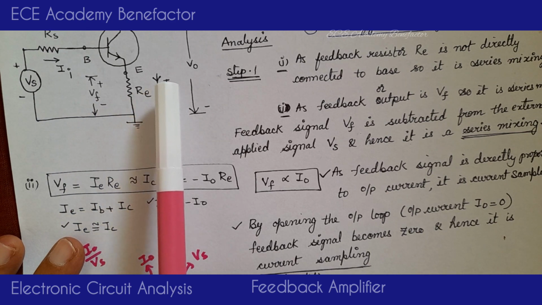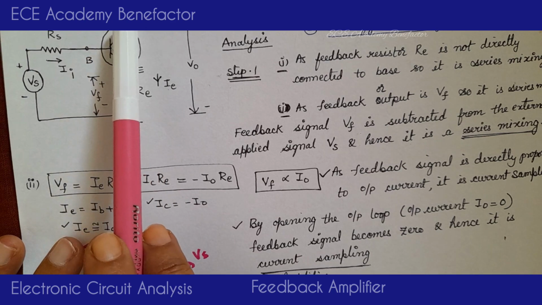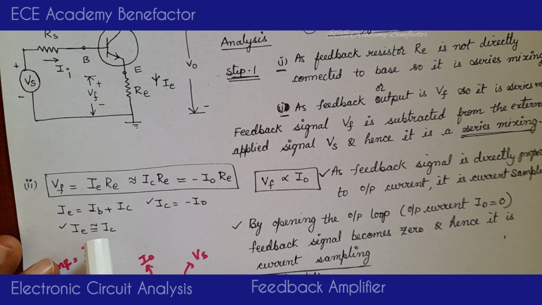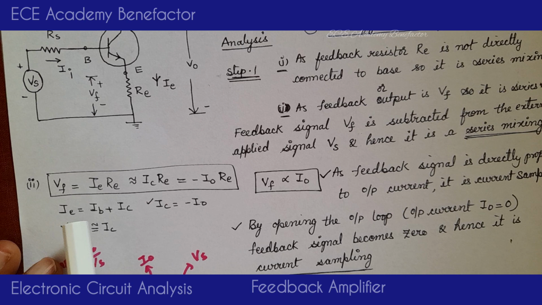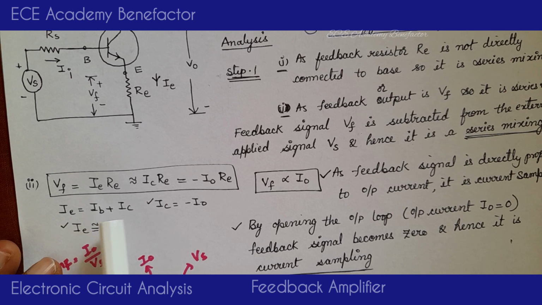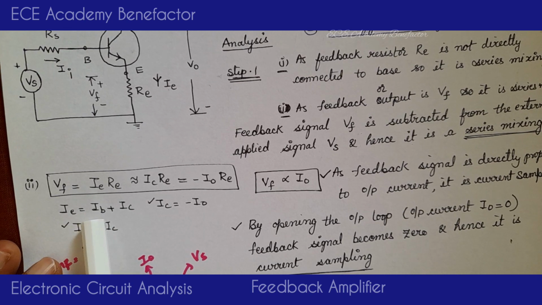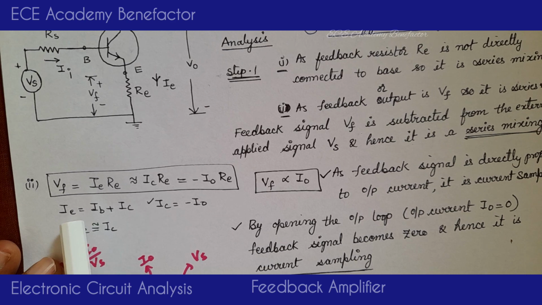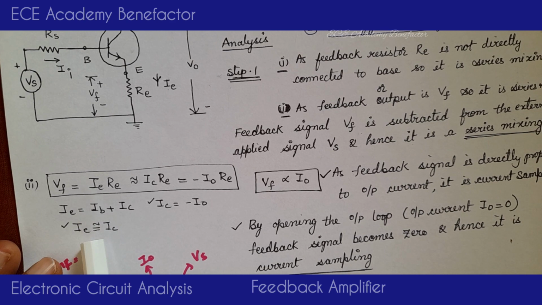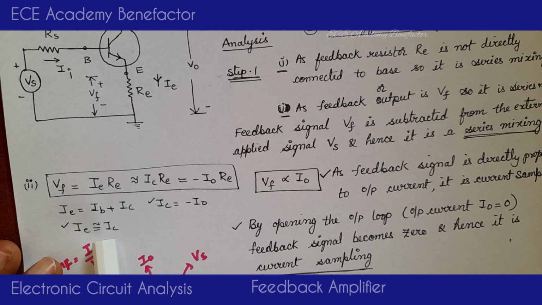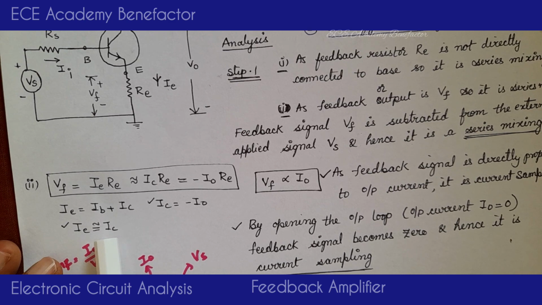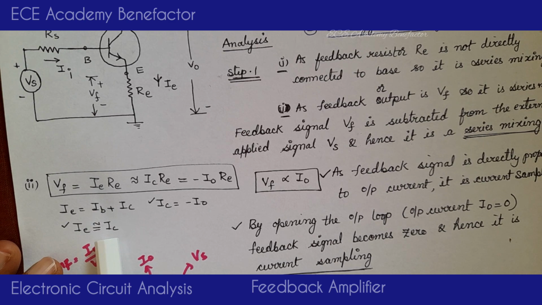And what is the relation between IE and IC? As we know, the emitter current is equal to the sum of base current and collector current, and IB is negligible. So emitter current is approximately equal to collector current. So IE is approximately equal to IC.